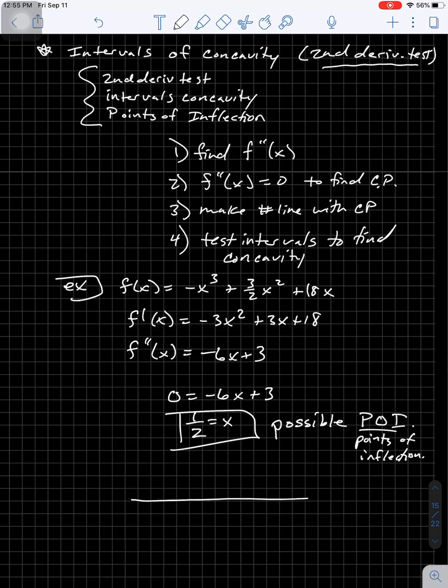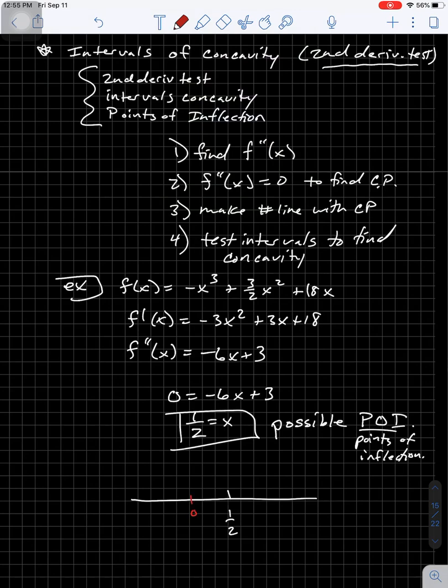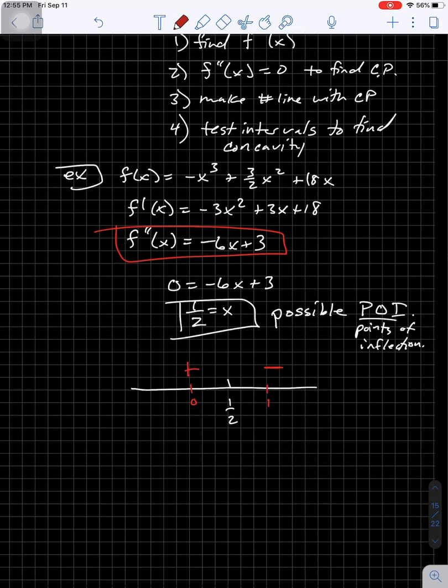So here's our number line. 1/2. I'm picking values on either side. And again, I'm plugging into my second derivative. Okay, and I plug in 0, I get positive numbers. I plug in 1, and I get negative numbers. Now, this is what it means.